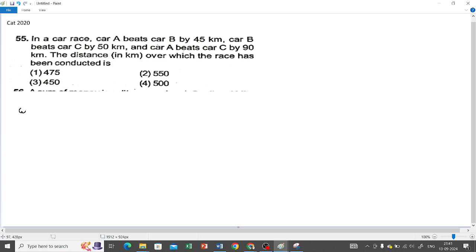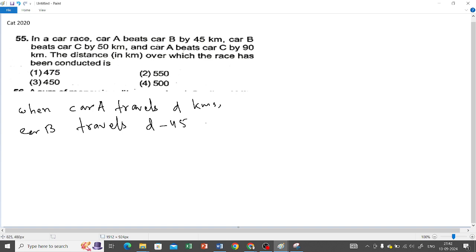So when car A travels d kilometers, car B travels d minus 45 kilometers, right?